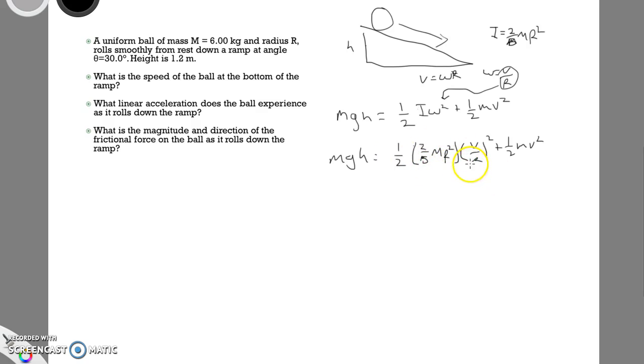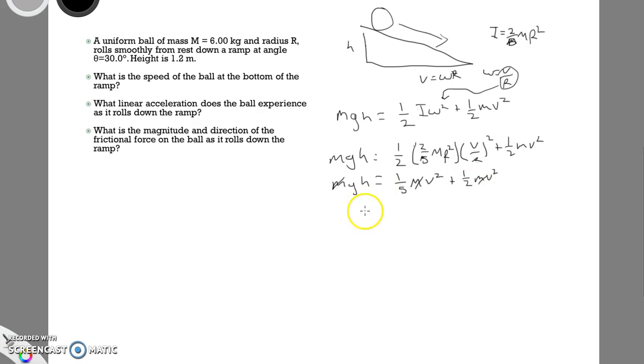Okay, simplify all this. 1/2 times 2/5 is 1/5 m, and the v over R squared becomes v squared over R squared. The R's cancel. We have 1/5 mv squared plus 1/2 mv squared equals mgh. Okay, the m's will cancel.